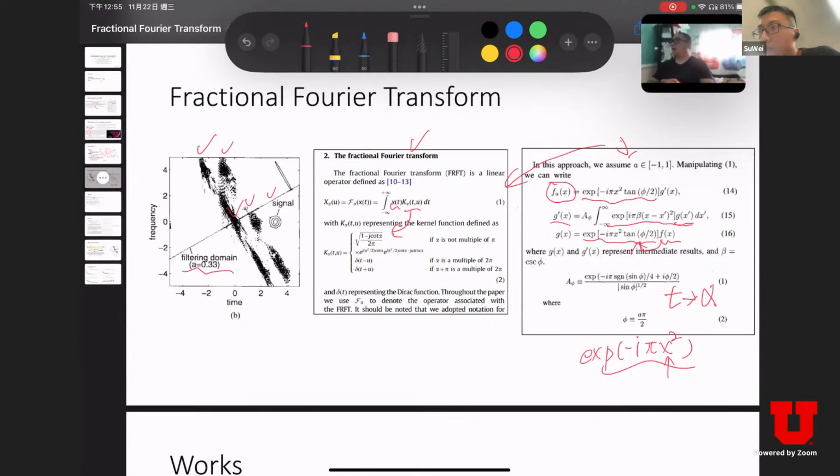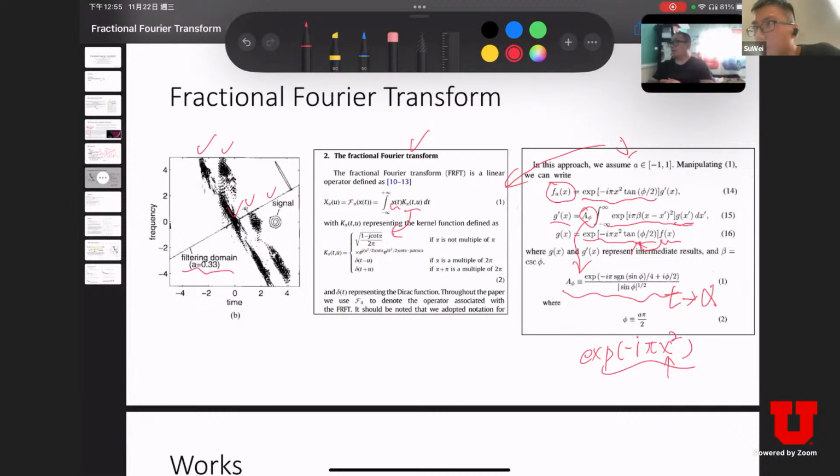So basically, sorry, where does A or alpha take effect? Is it inside the chirp function? No. The alpha is independent from that. It's over here. Basically, alpha times pi is a constant. But as in equation 1, it only contains phi, right?